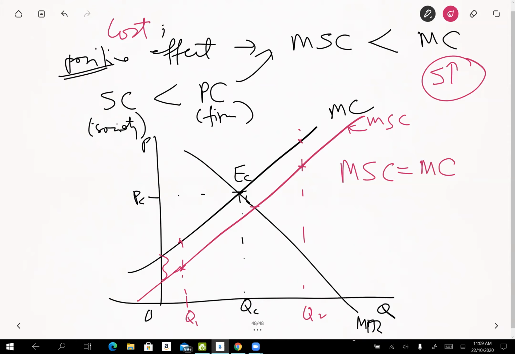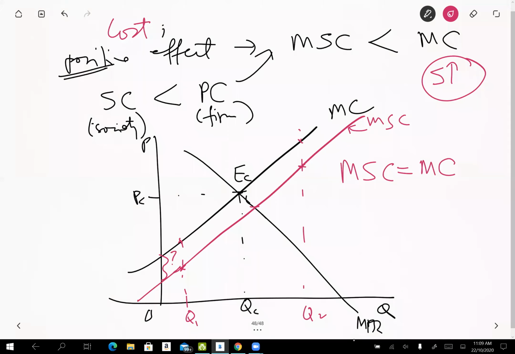In the negative externality, you have the MSC equal to MC plus MEC. So there the marginal social cost is higher than the marginal cost. Now the marginal social cost is lower than the marginal cost. So how do you relate the marginal social cost and the marginal cost? By that thing here.